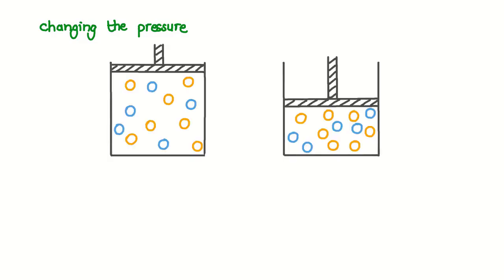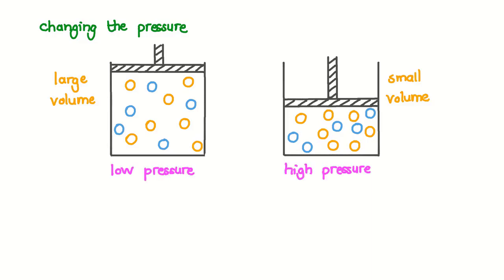If we take the same number of reacting gas particles in two different sized containers, one with a large volume and one with a smaller volume, the pressure of gas particles in the large volumed container would be low, and the pressure of gas particles in the smaller volumed container would be relatively higher.